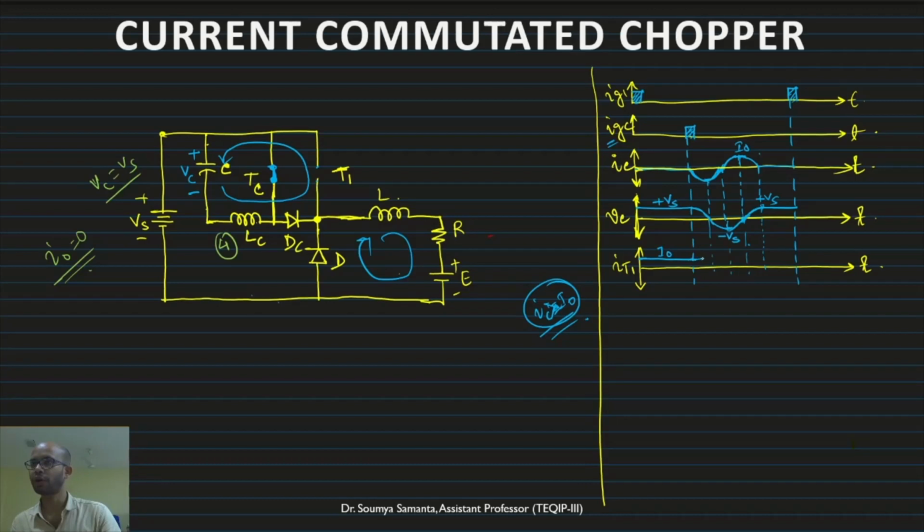This will continue till this will be I naught, and then whenever this is going to positive 0, gradually it is going to positive 0, and this will start decaying to 0. As it goes from 0 to this peak value, that means equal to I naught, this is growing, this will be 0, and then it will remain turned off. So I naught goes to 0 here.